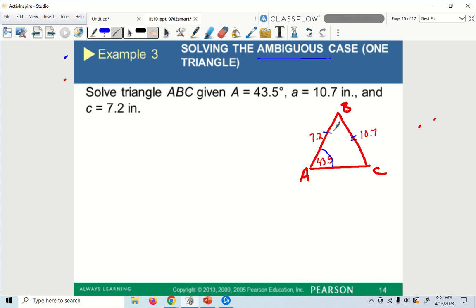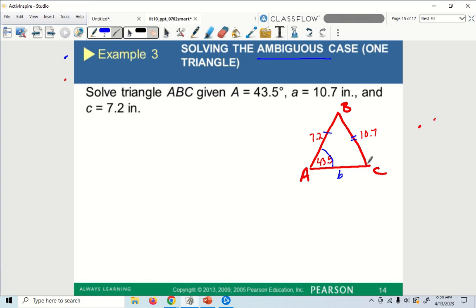There we go. So we're going to start off with what we know. I'm going to start off with my A's right here. And that means I'm going to have to solve for what first? Little b? Here's little b down here. What are we going to solve for? We're going to solve for an angle. Which angle?